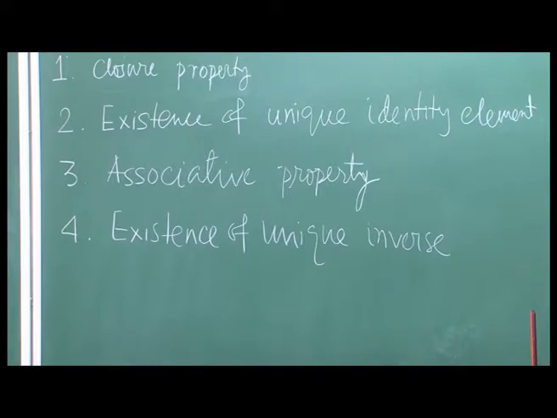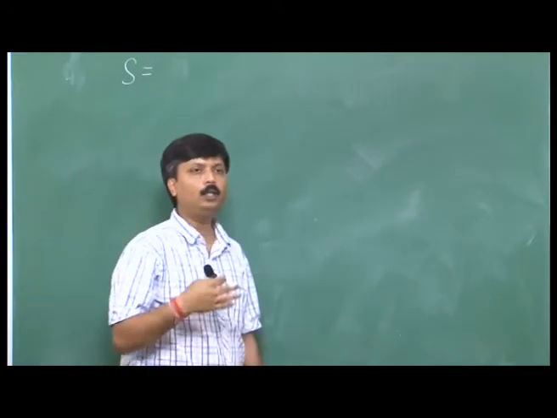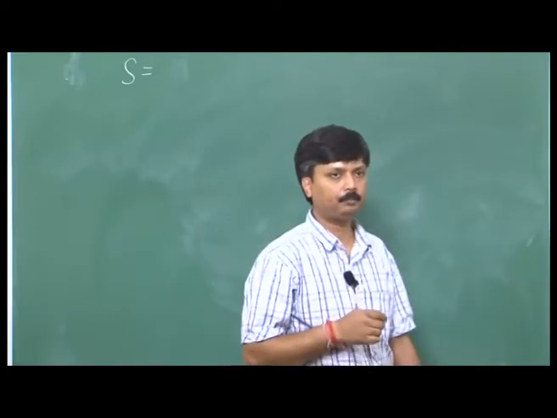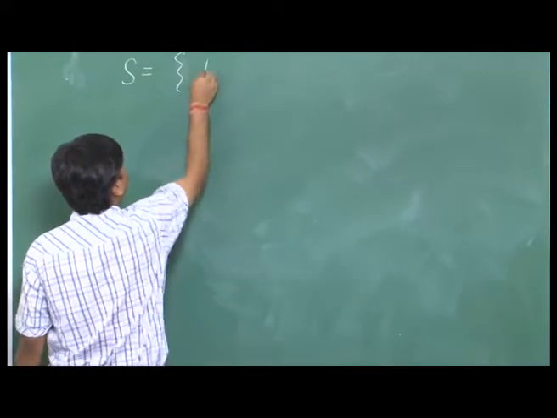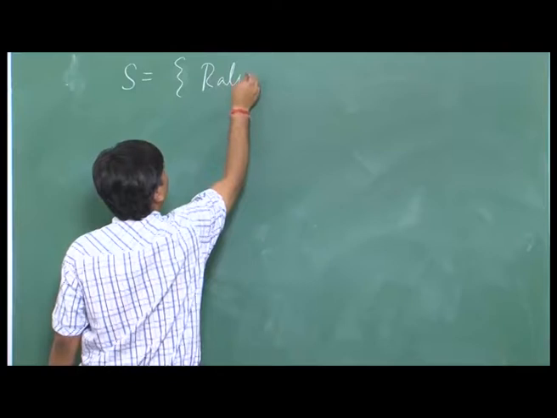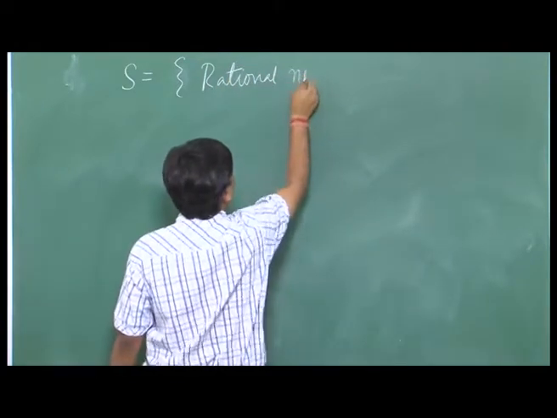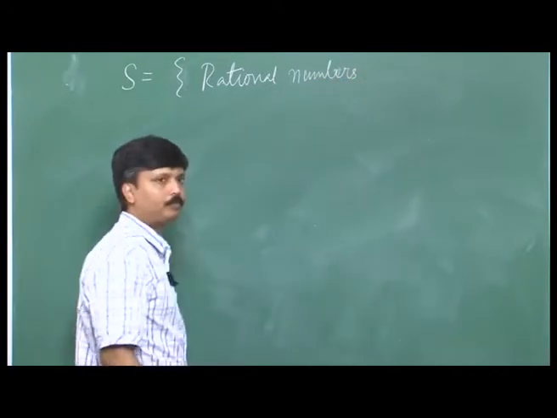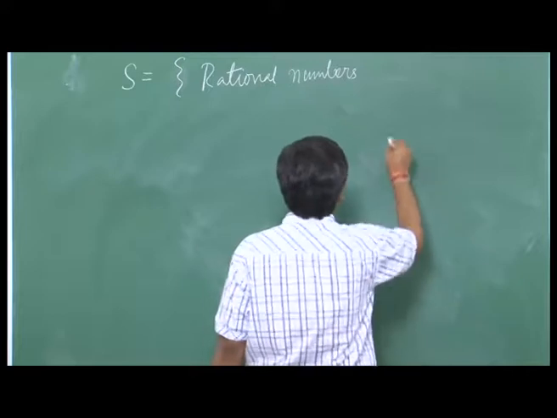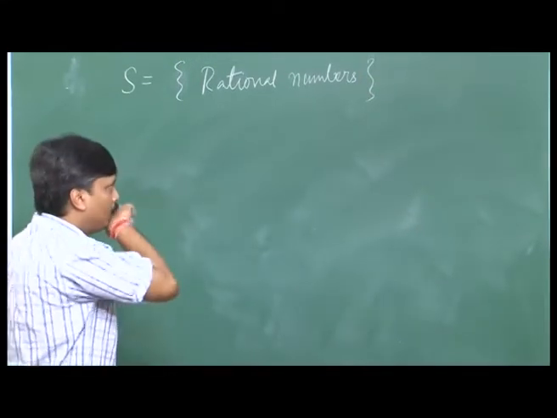Let us define a set S which contains all the rational numbers, that is possible, all right.